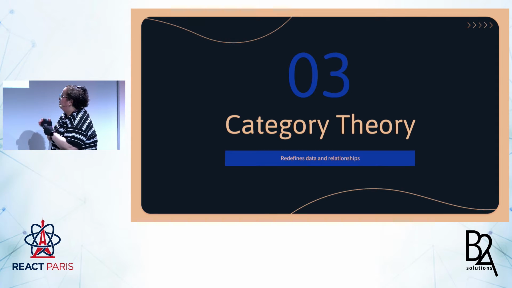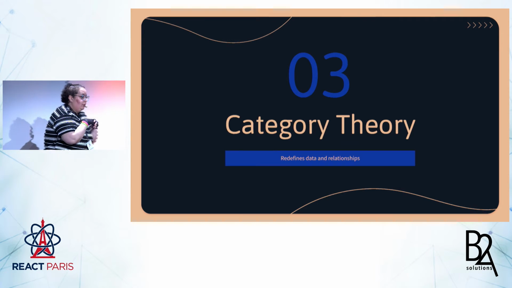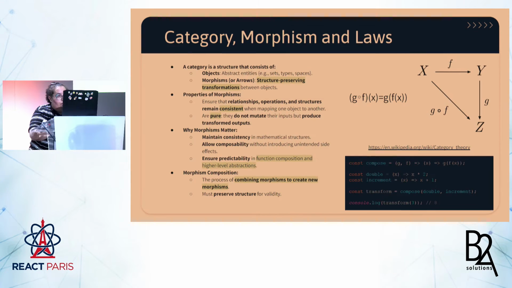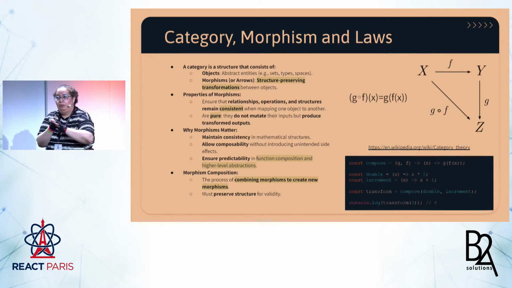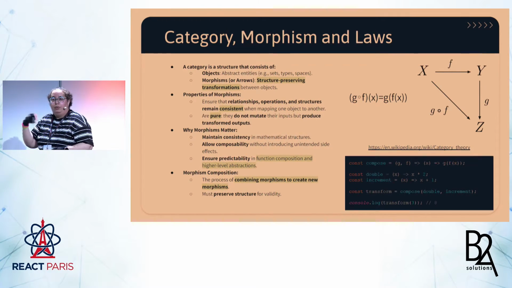So using category theory, we will try to redefine the relationship that works on the input data. How will we do this? What does category theory give to us? Category theory redefines the relationship between the objects or the data on which we will work.